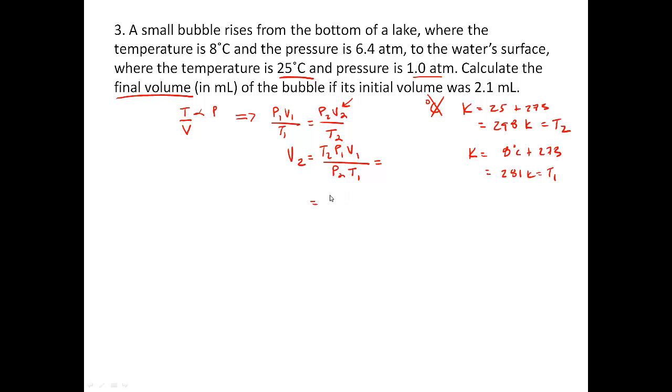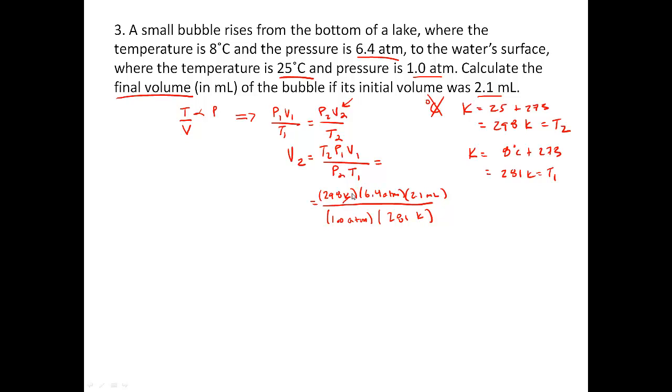So T2 is 298 K times P1, the first pressure that they give us, times V1, initially 2.1 milliliters. Put that all over the second pressure, which is 1 atmosphere, and T1, which is 8 C, that's 281 K.